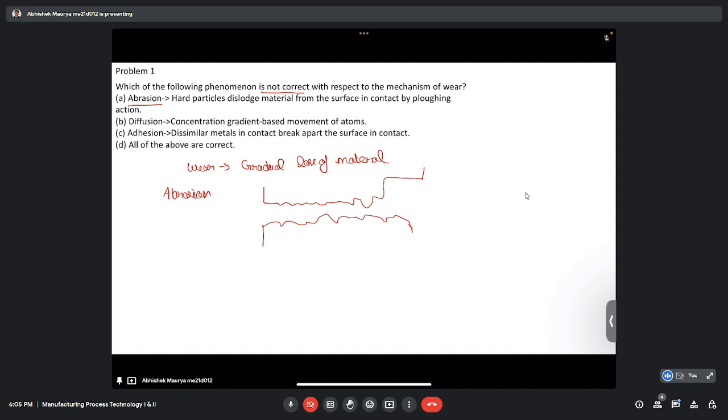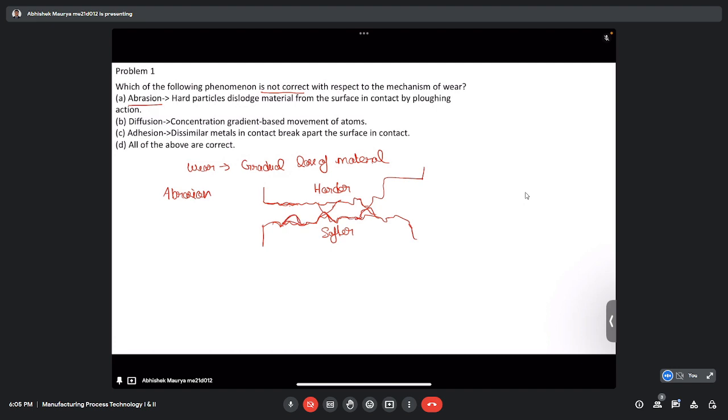Suppose one of them is harder and this one is softer. Now when these two bodies come into contact, microscopically, if you see by microscope, any surface is not very flat. There are asperities.